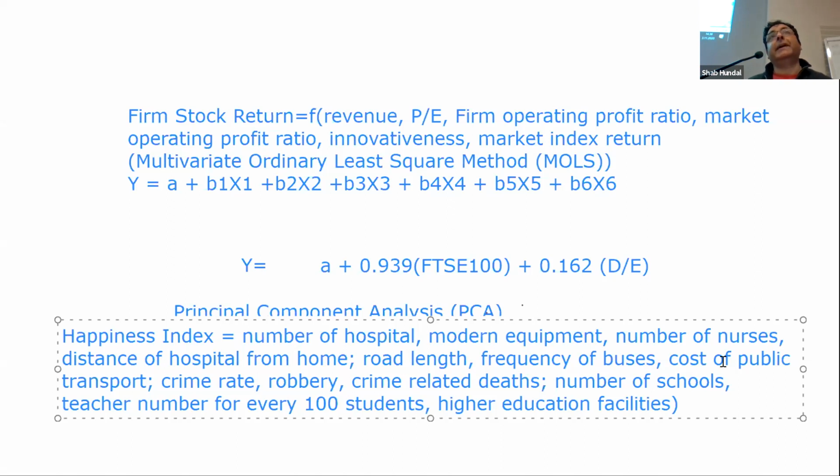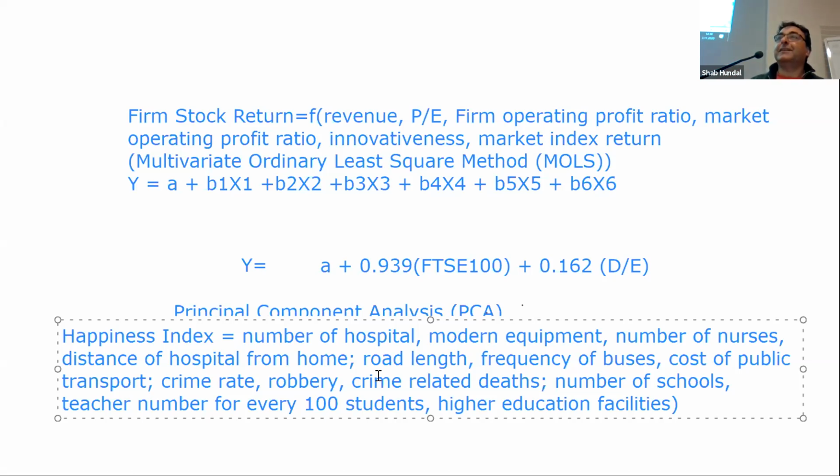But sometimes you find that these variables are too many, isn't it? Can we condense them? If you look at the first set of variables, the number of hospitals, modern equipment in the hospitals, number of nurses, distance of hospital from your home, are they all talking about the health factors?